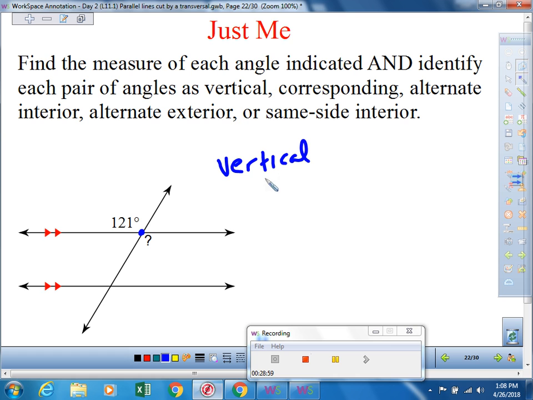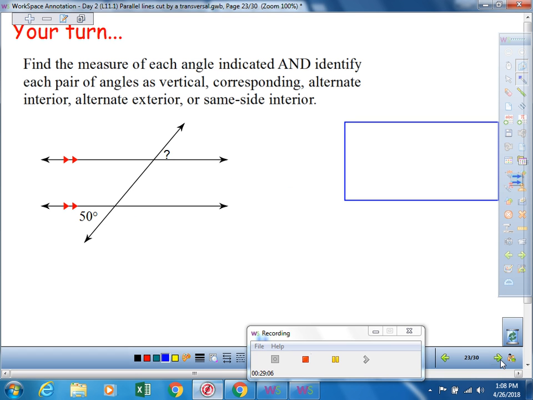Vertical angles are congruent, so if this is 121, what is this? 121. Okay, your turn. Name it, figure out the angle measure. Remember, the one with the longest name that you have to write out is the only one that has all the work.